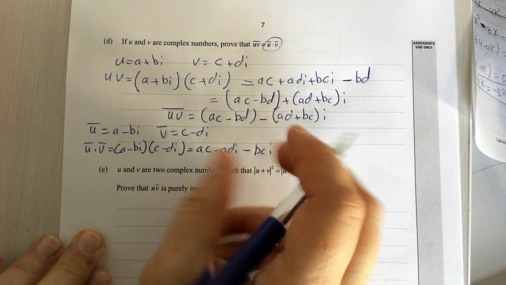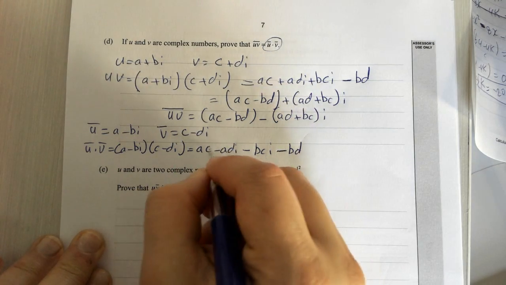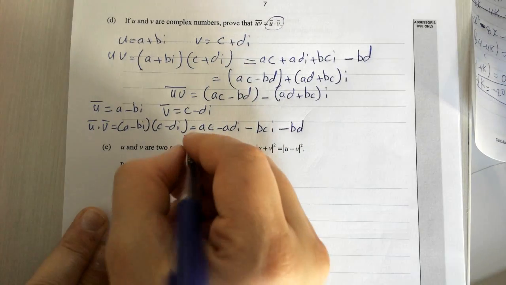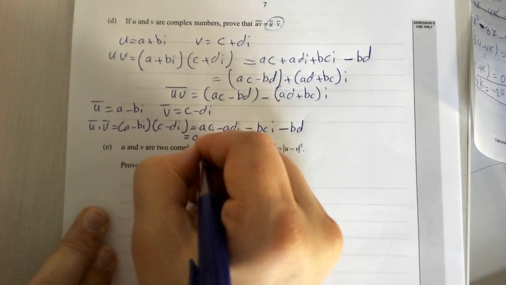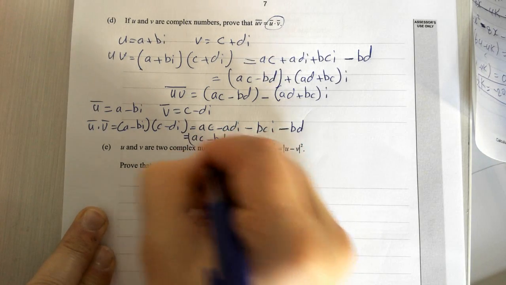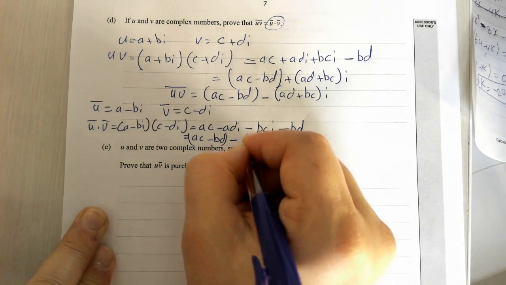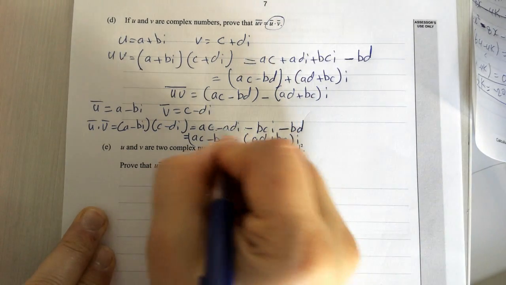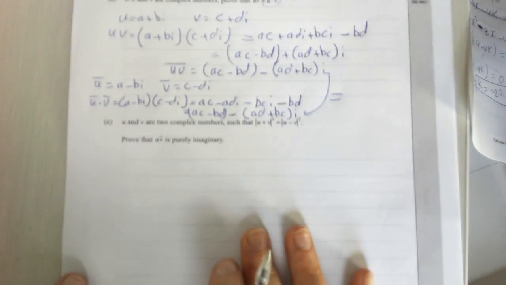Now join the like terms, the real parts, together. So you've got ac minus bd minus (ad plus bc)i, because there's a common factor of negative, and you can see both of these are equal, so you have proven that they are equal.